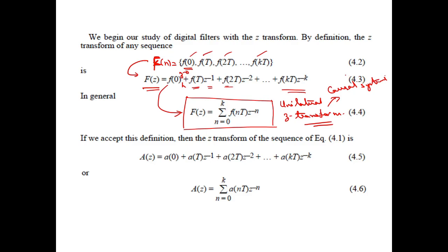In general, the classical filters that are used for biomedical applications are causal systems. So the unilateral Z transform is one of the most important transforms for analyzing conventional digital processing systems used for biomedical applications.